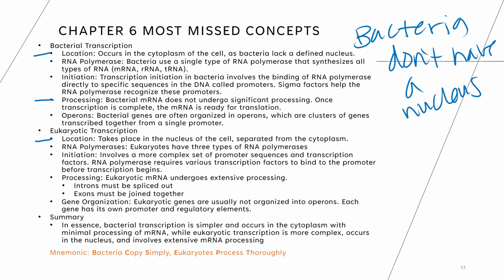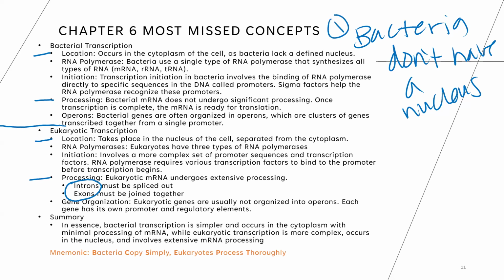Bacteria do not undergo any significant processing. We'll separate these so you know where the marks are. They're just making their mRNA and it's good to go. Whereas in eukaryotes, we do have to undergo processing. We have to remove our introns and join together our exons. Huge one, okay? So the nucleus versus no nucleus, that's a biggie.